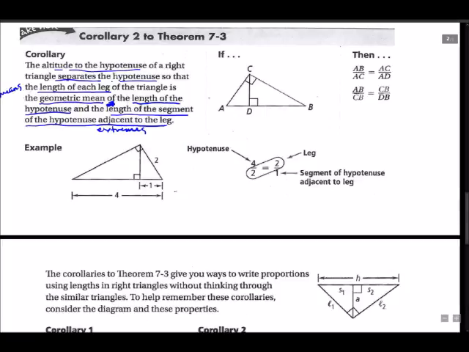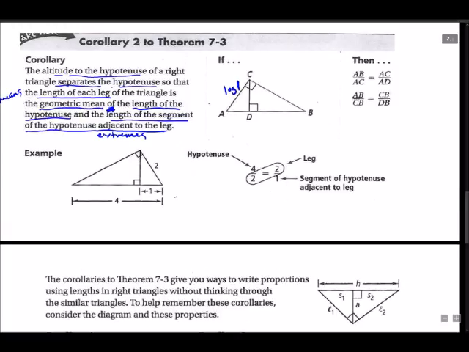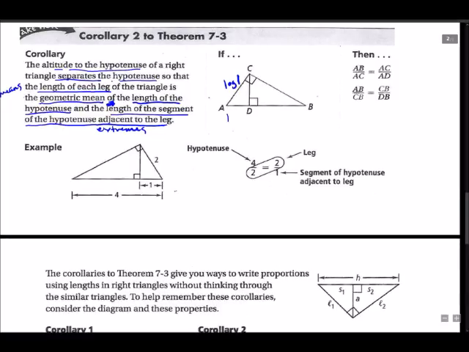So let's take a look here. Here's leg 1. And our altitude. Here's our entire hypotenuse. And here is segment 1 that is adjacent to leg 1. So what this says, this is leg 1, this is leg 1.